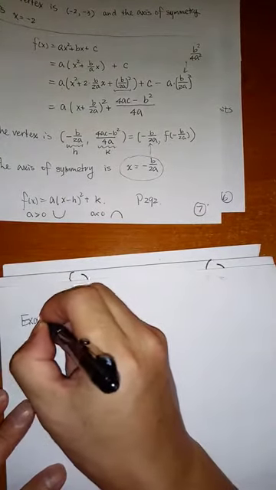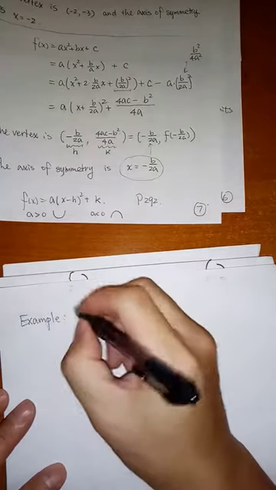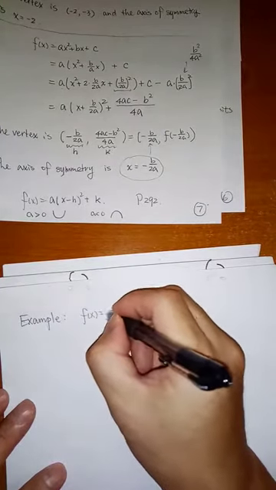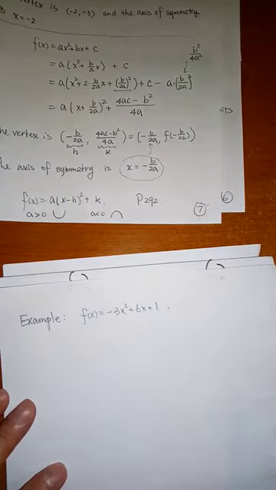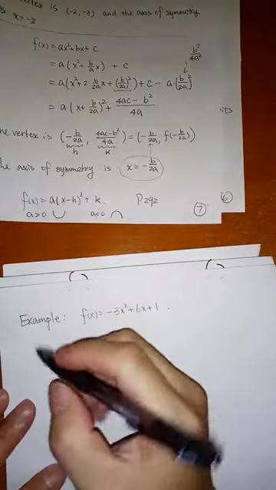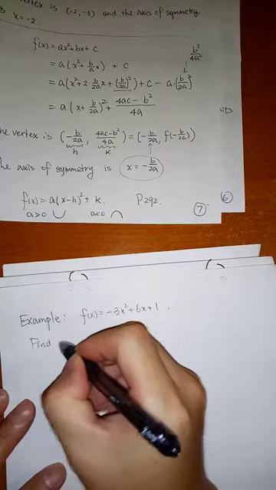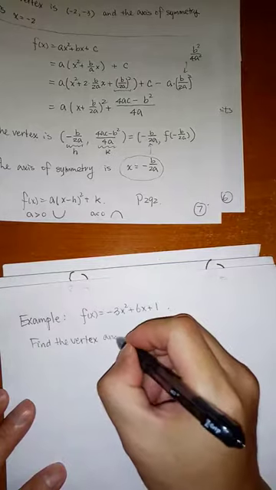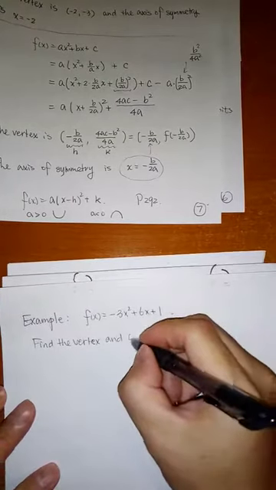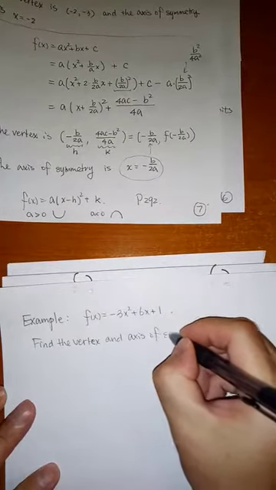Okay? Let's see one example. Assume we have this function f(x) is equal to negative 3x squared plus 6x plus 1. Find the vertex and axis of symmetry.